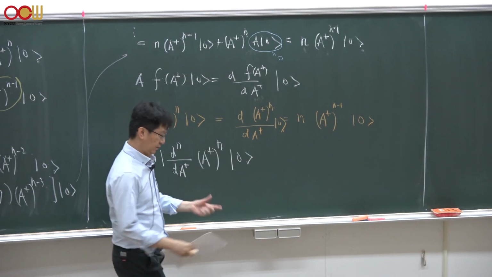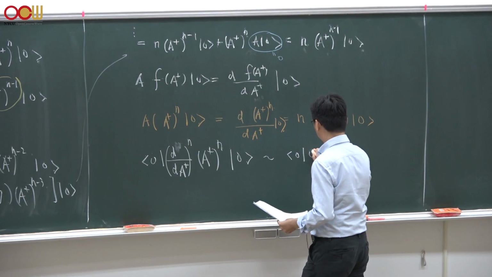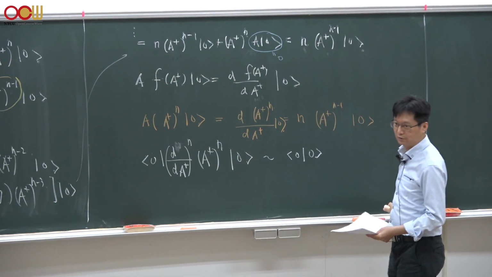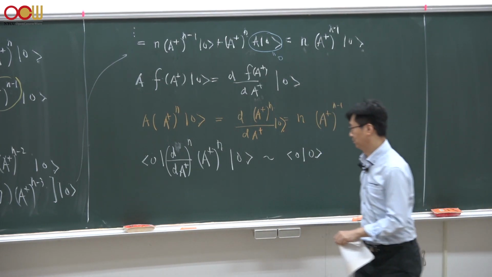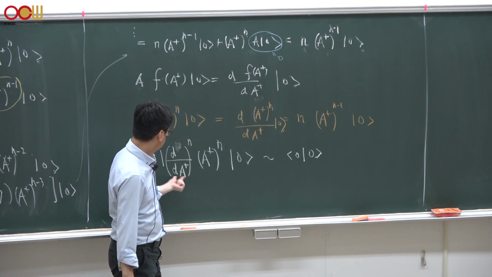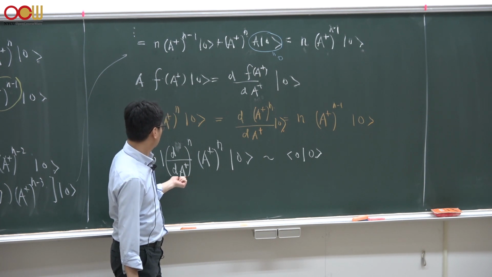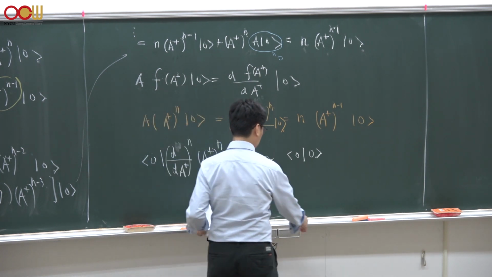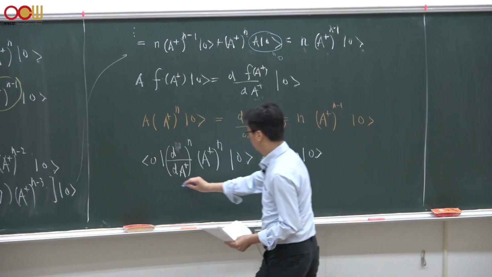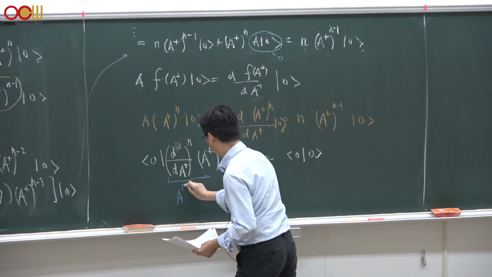Suppose I will get something related to the projection of 0 onto 0, because remember, when I take one order of differentiation with respect to a dagger, effectively I simply apply this a operator.